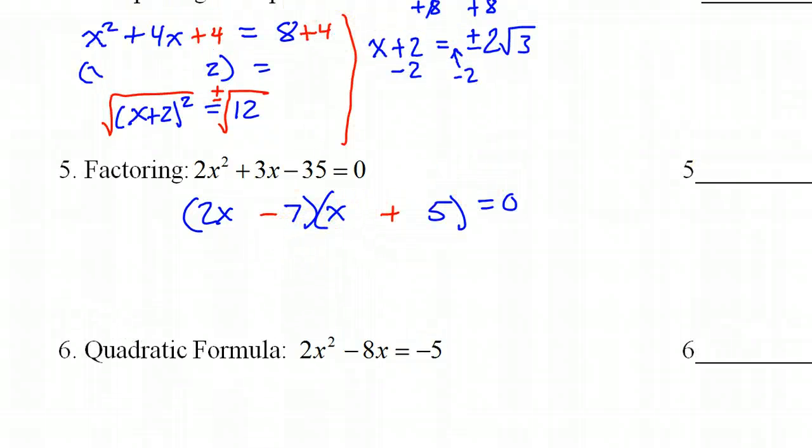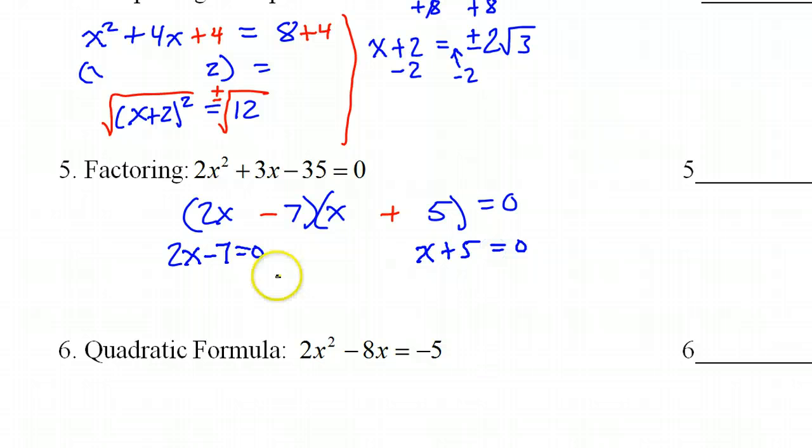The way we keep going is by setting these factors equal to 0 and solving. So we're going to be doing 2x minus 7 equals 0, and we're going to be doing x plus 5 equals 0. On this end, if I add 7 to both sides, I get 2x equals negative 7.